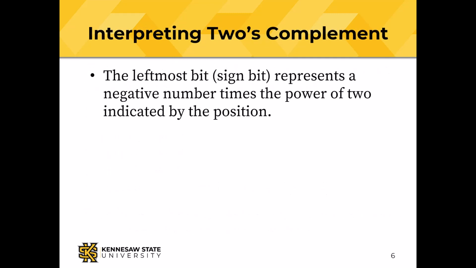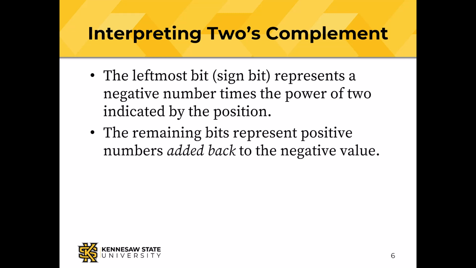With 2's complement numbers, that leftmost bit, which we call the sign bit, represents a negative number times the power of 2 indicated by the position of the sign bit within the number. The remaining bits represent positive values added back to that negative value. So let's look at that using sigma notation.